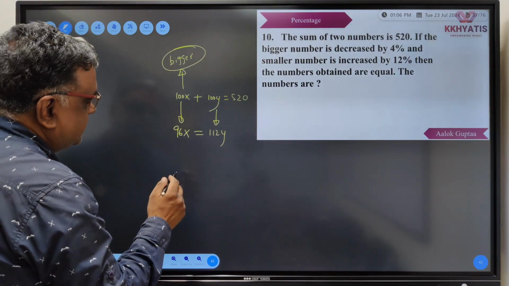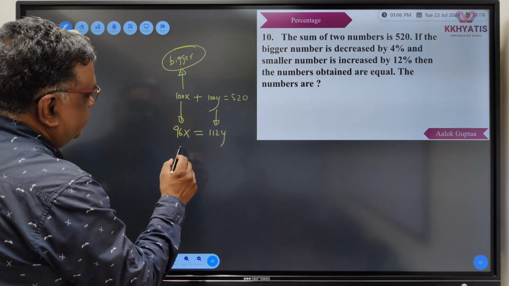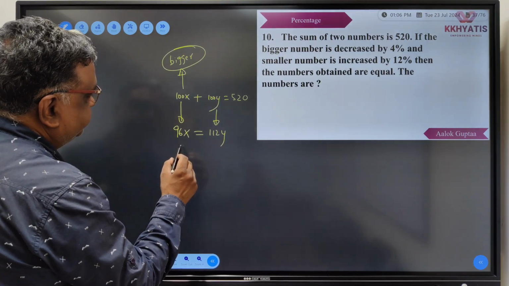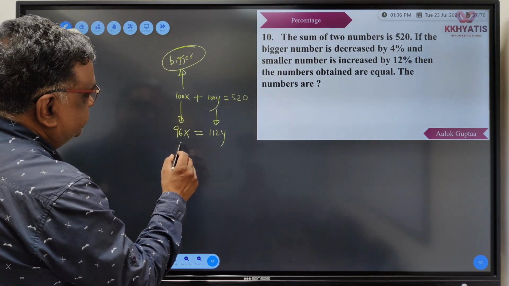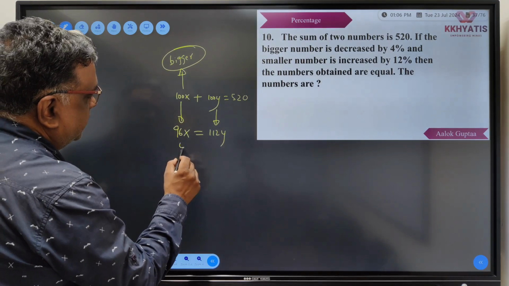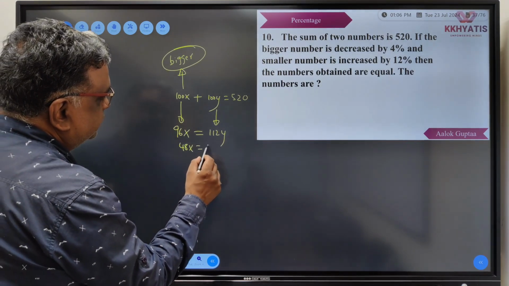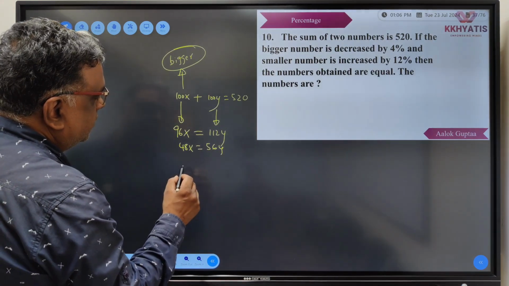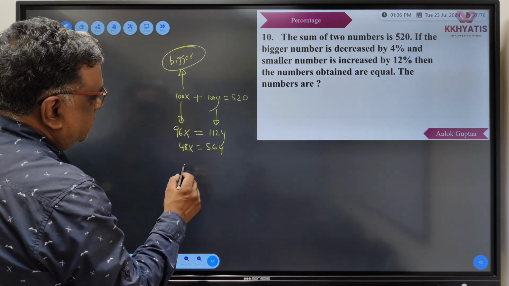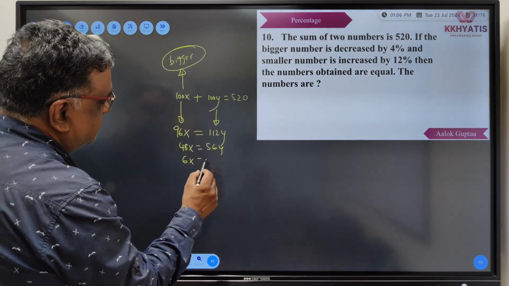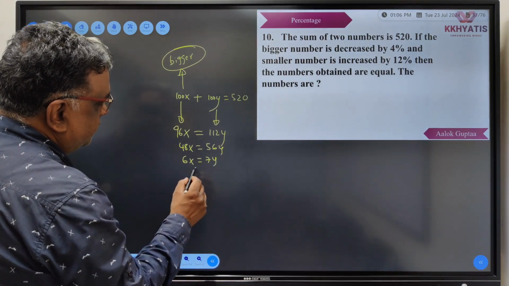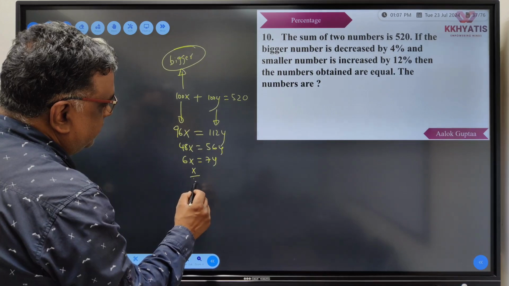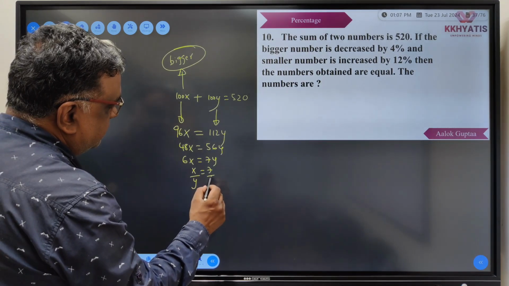So this will go by 6. So 48, 56, 7y. So x upon y is 7 by 6.